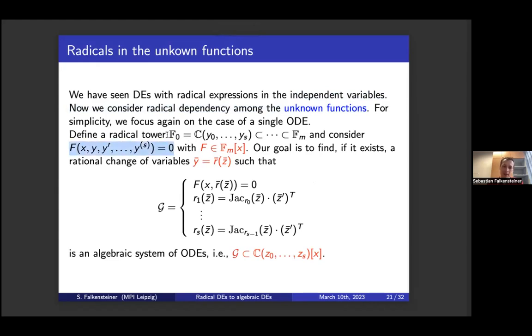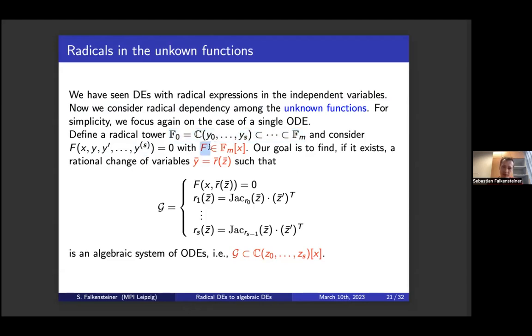And the radical tower is now built over the y's. Here I write y0 up to ys, but you can replace y0 by y and the s derivatives. I just want to emphasize that this construction is purely algebraic. No differential things are involved.